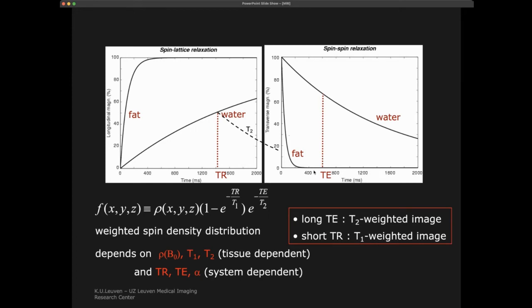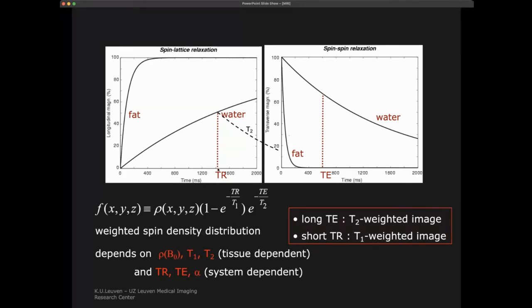The signal is 0. So I measure nothing of the fat, even if I do phase and frequency encoding, there is no signal anymore that I can measure, while there's still a lot of signal of water. By measuring here, I selectively measure water and I suppress fat. Fat becomes black, water becomes white.